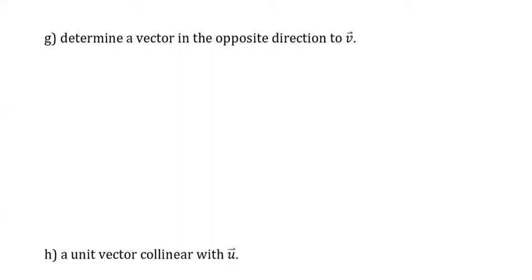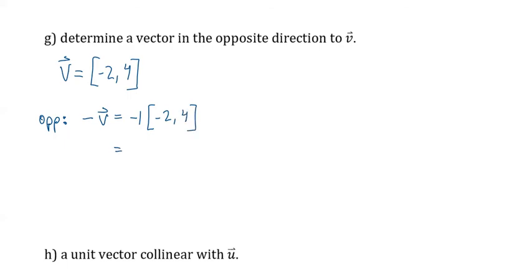So if vector v is negative 2, 4, then opposite would be negative vector v, which would be negative 1 times negative 2, 4, which would be 2, negative 4. But I could also do 4, negative 8. That would be collinear because I'm just scaling it up, but it's still the opposite direction.